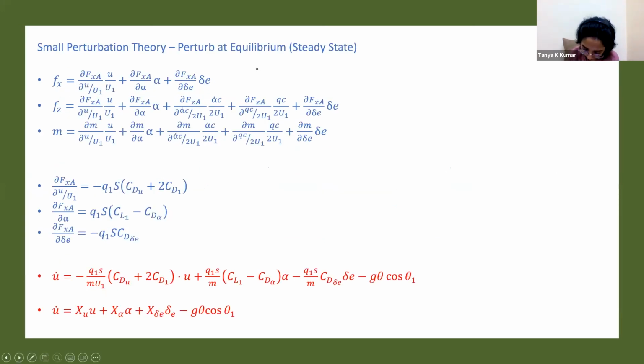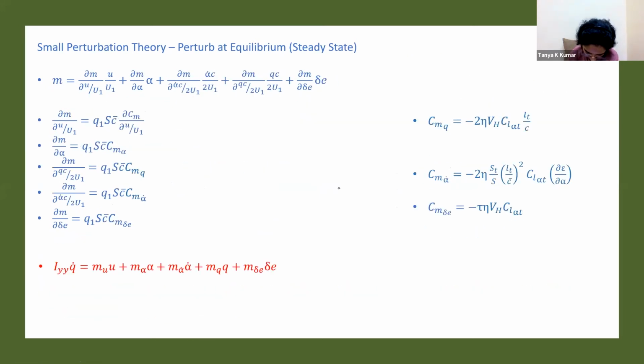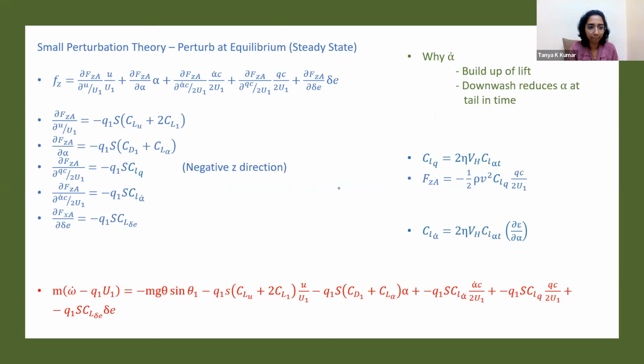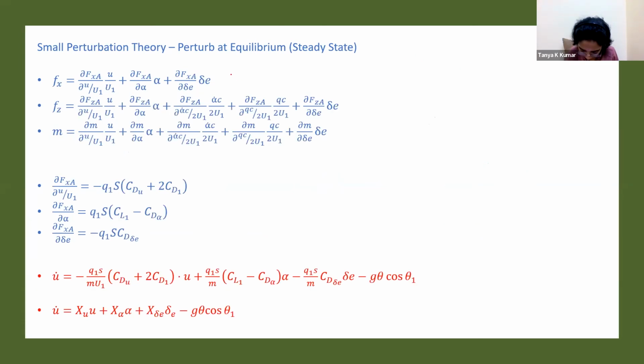Again, it should have been the partial derivative of Fxa with respect to u, times u. We are again non-dimensionalizing it because alpha is non-dimensional and delta E is non-dimensional.